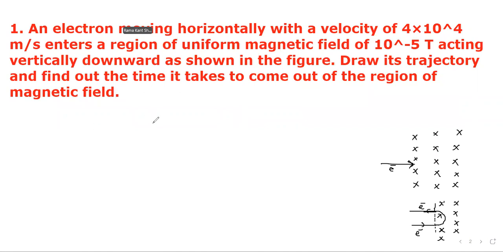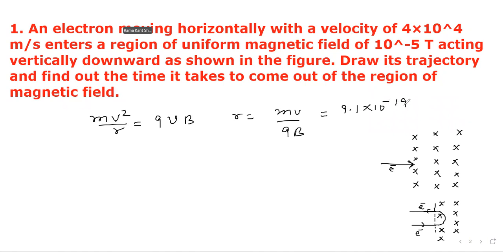In this direction of the electron, we have to show its trajectory and find out the radius of its path. So we can say mv square upon r will be equal to qvB because theta is 90 degrees. So from here we get r equal to mv divided by qB. We put the values: mass of electron is 9.1 into 10 power minus 31, times velocity 4 into 10 to the power 4, divided by charge on electron 1.6 into 10 power minus 19, into magnetic field 10 power minus 5.